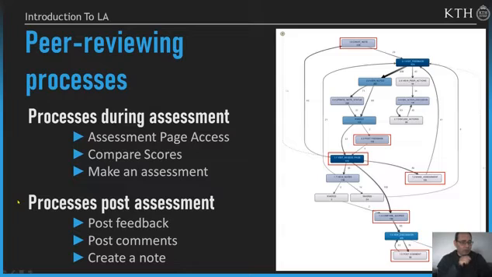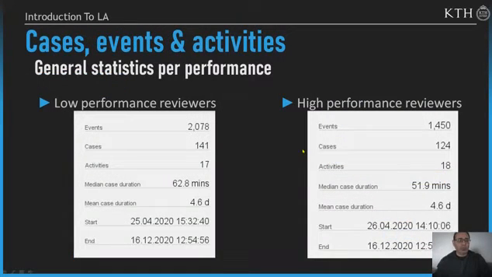There are other types of processes that are post-assessment processes that we will cover in the next slides. But first of all, let's take a look at general statistics per performance. We are going to look at two sides of the coin: the low performance reviewers and the high performance reviewers.